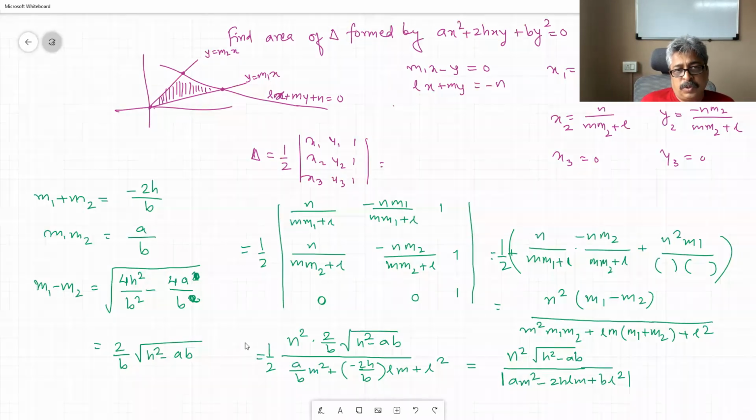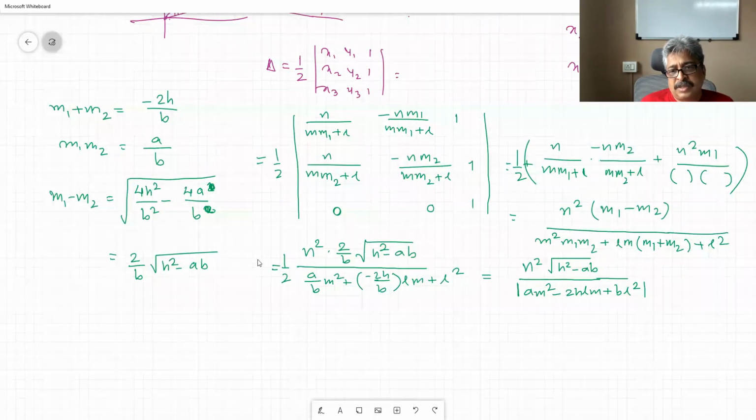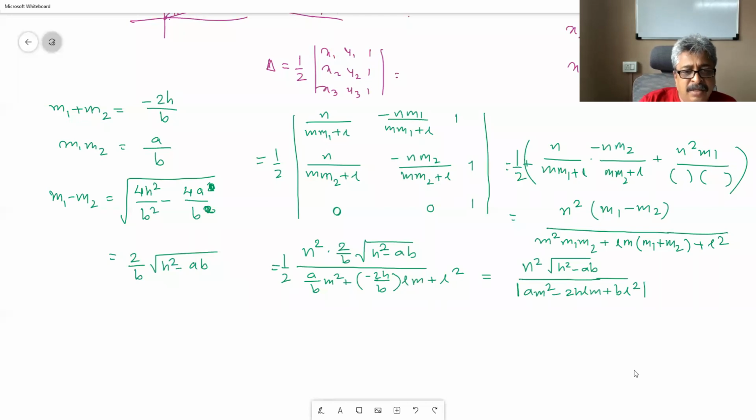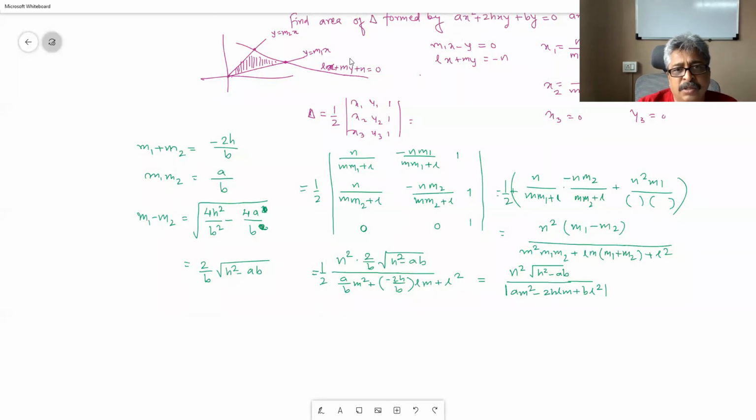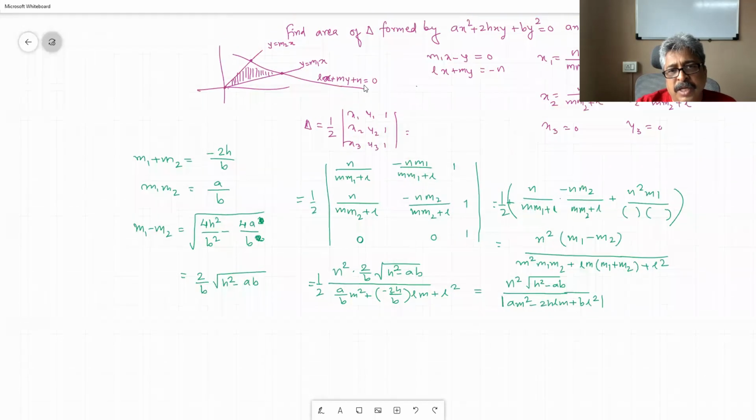Now again let us do the analysis. Why is n present in the numerator? Because if this line also passes through the origin, then the area must be 0.